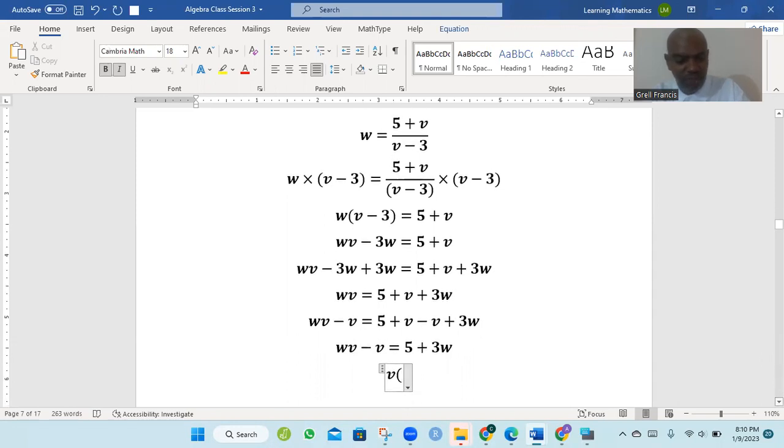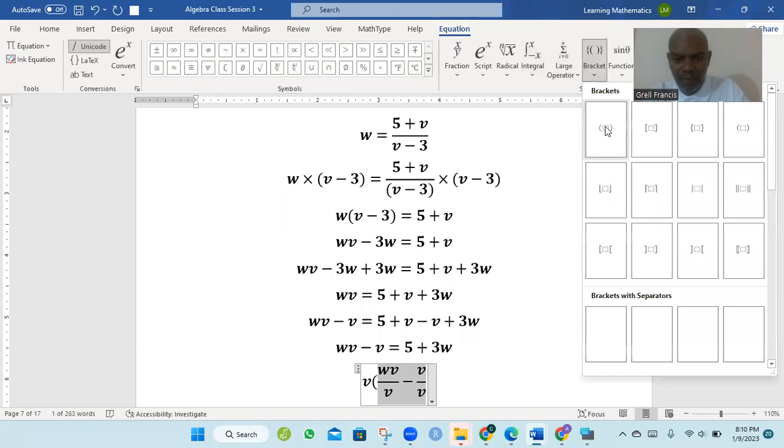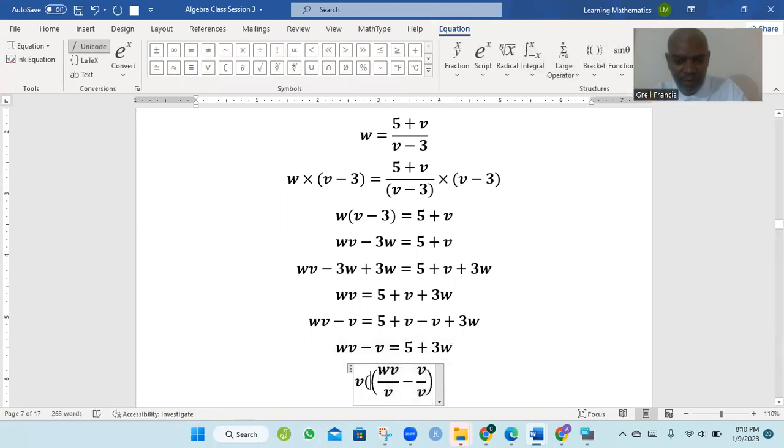Now, to know what's coming in the bracket, we're going to divide WV by V and minus V divided by V. We factor out V, because the letter V has to appear only once. So it's appearing twice, it has to appear only once. So we factor out V.